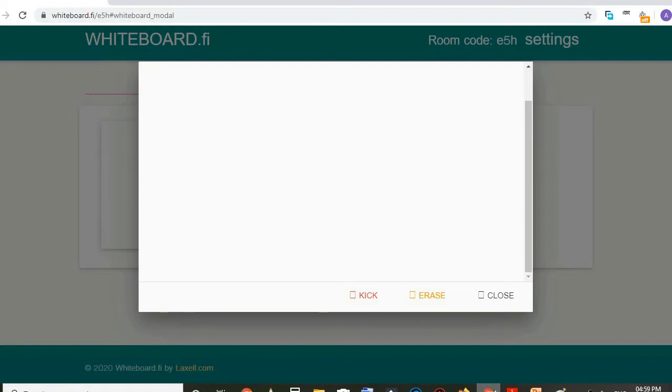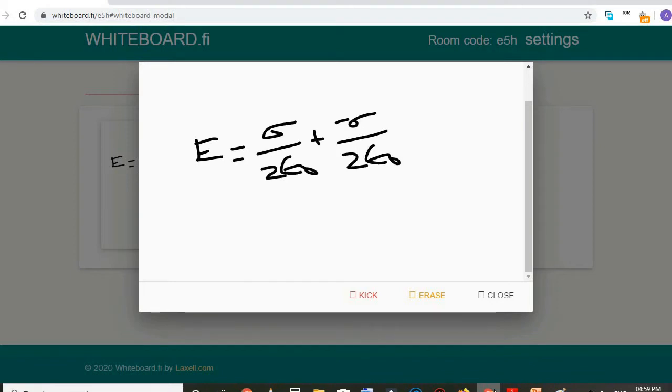Because electric field is equal to sigma by 2 epsilon 0 because of the positively charged plate plus minus sigma by 2 epsilon 0 because of the negatively charged plate. As a result, we will get 0.